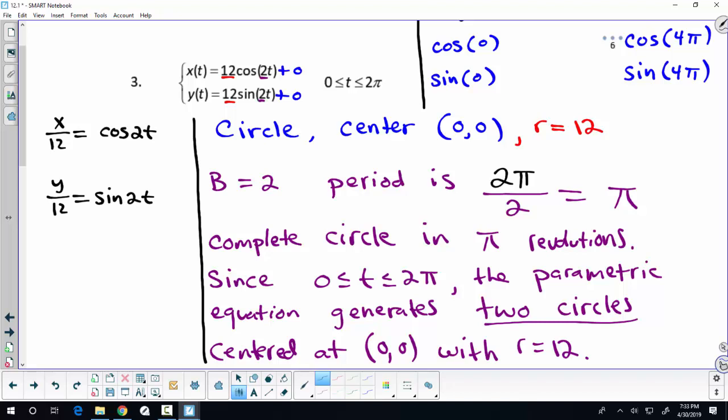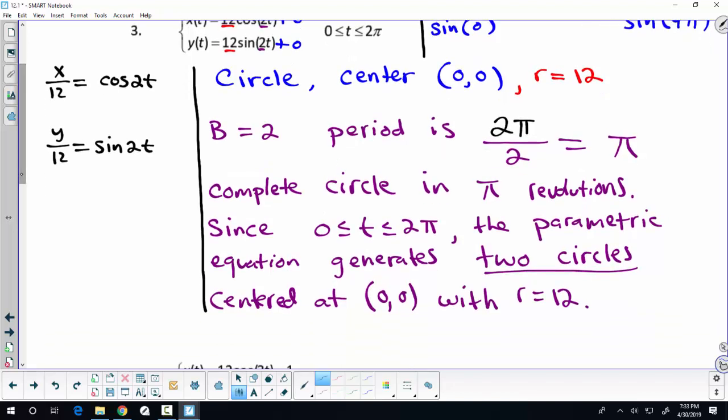Now we can square sine and cosine to fit that into our Cartesian, because we know sine squared plus cosine squared of whatever, theta, 2t, those are always equal to 1 when they're squared and added. So we have sine squared of 2t plus cosine squared of 2t equals 1.